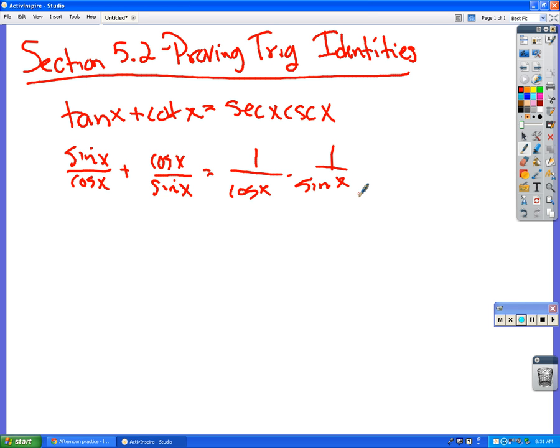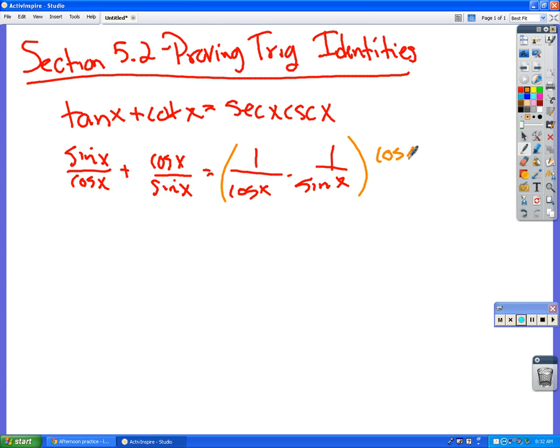Okay, so now here's where the fun begins, and this is, like I said, a little bit different than what we did before, but it's easier, I think. Everybody hates fractions, right? So what can we multiply both sides by to get rid of all the fractions? Cosine, sine.